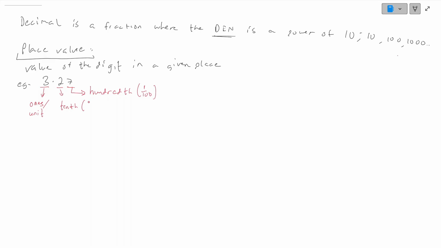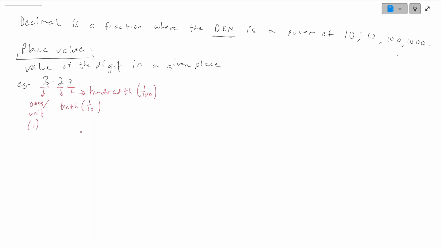The tenth is just 1 over 10. And the ones is just 1. So what this tells you about the number is that there are 3 ones, there are 2 tenths, and there are 7 hundredths, which gives you a good idea of what the visual representation of that number is.